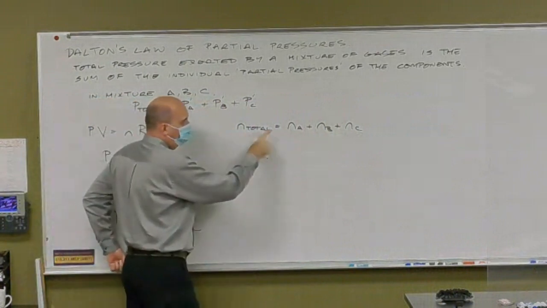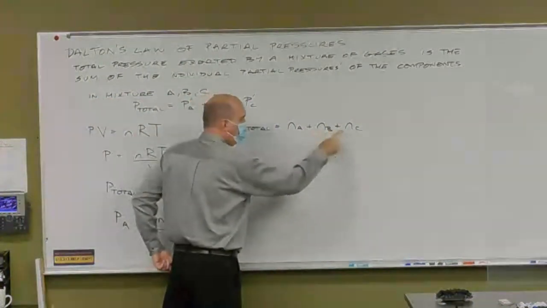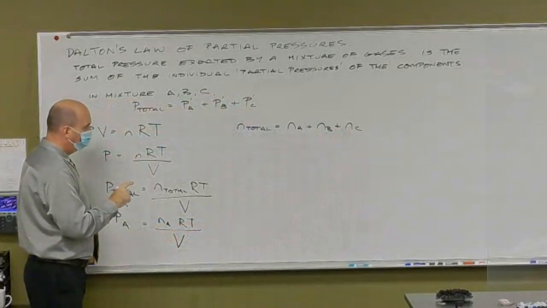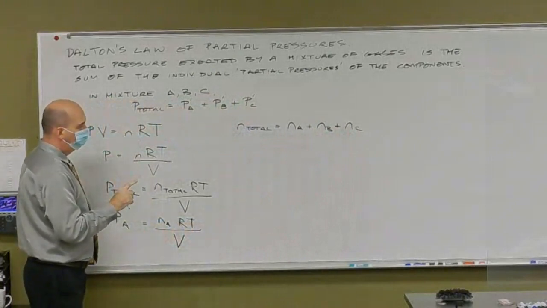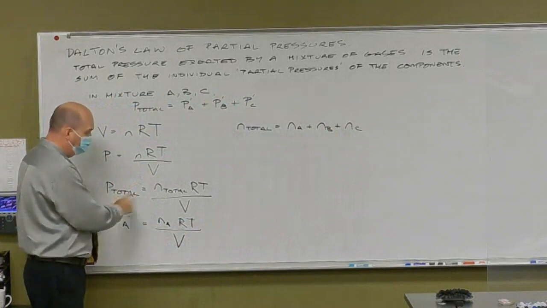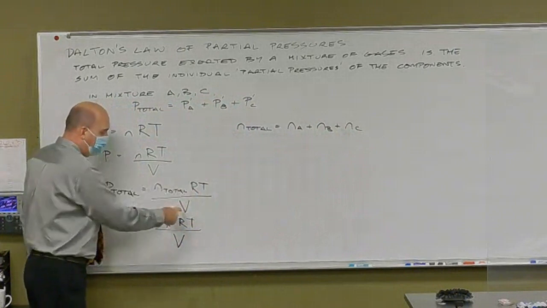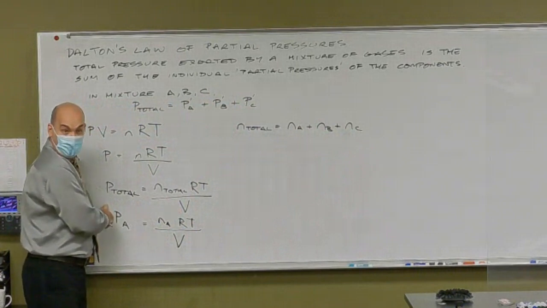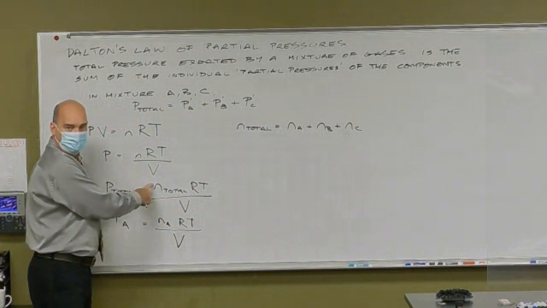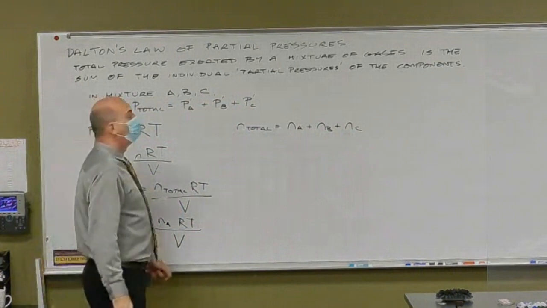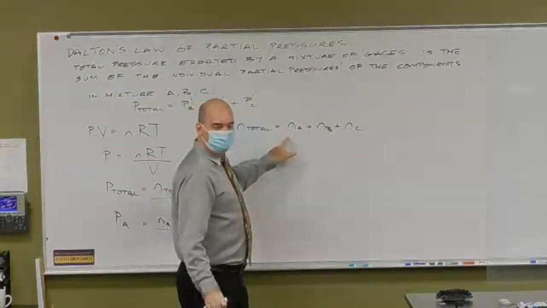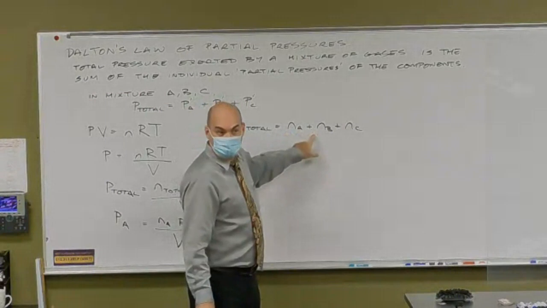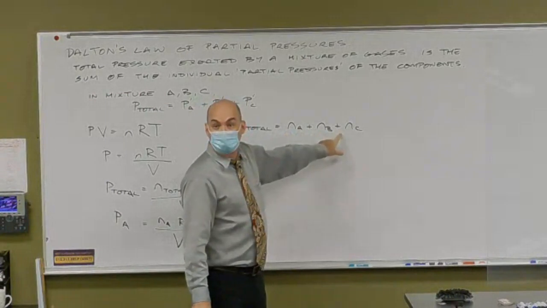The total is made up of these numbers, right? And look, R is the same, T is the same, V is the same. So the only thing that's making pressure change is the number of moles. What if my mixture was 90% this, 5% of that, and 5% of that?